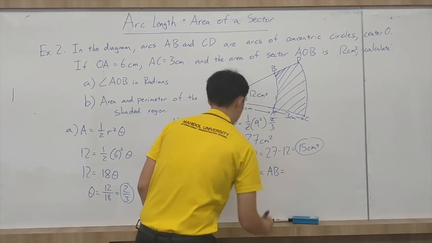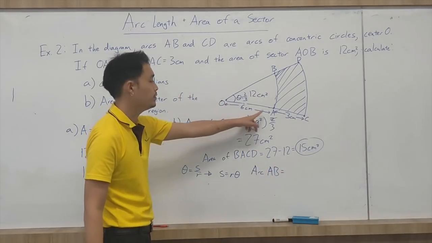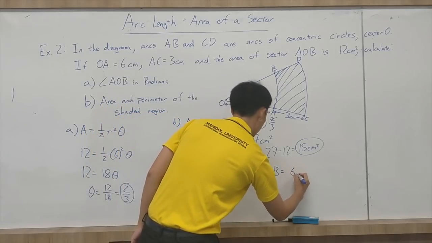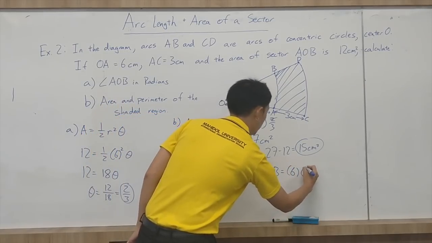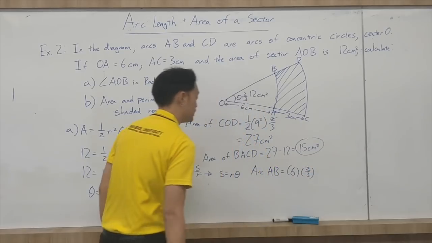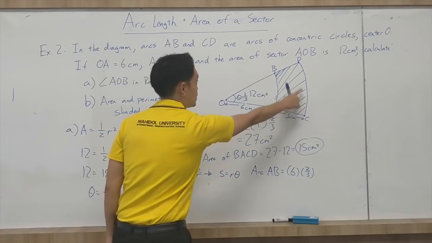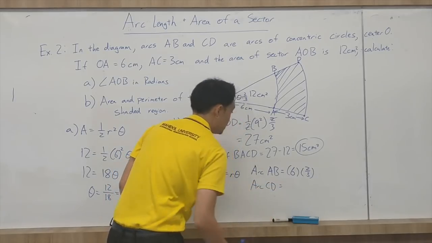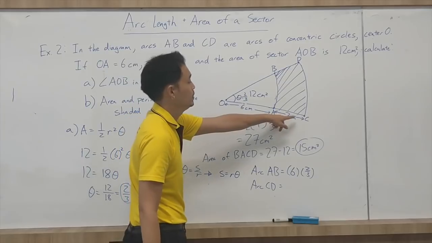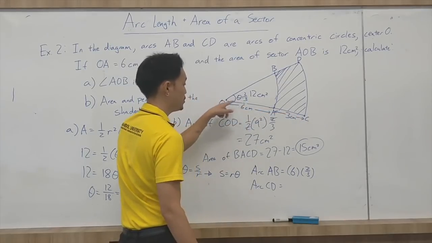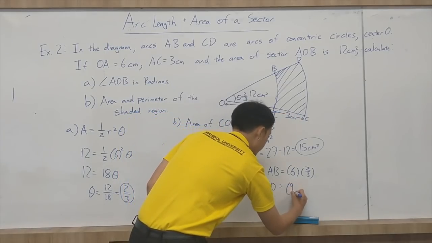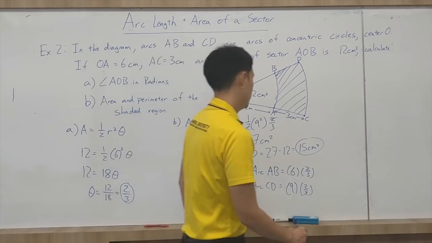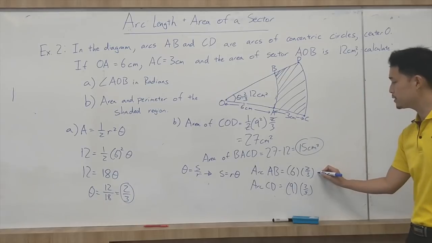So up here, the arc AB is going to equal the radius of OA, which is 6, times the angle 2/3. Arc CD is equal to the radius here, which is 9, times 2/3 again, still the same angle. And let's simplify these.